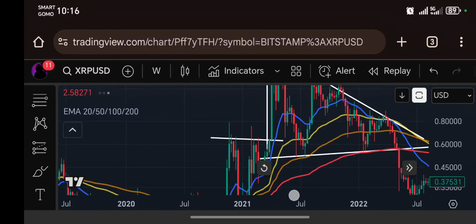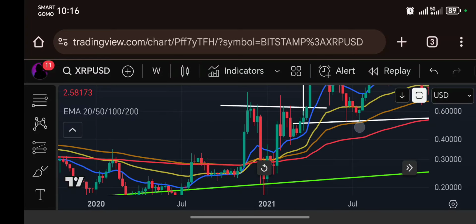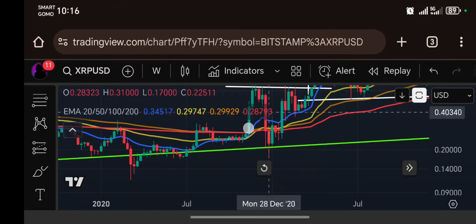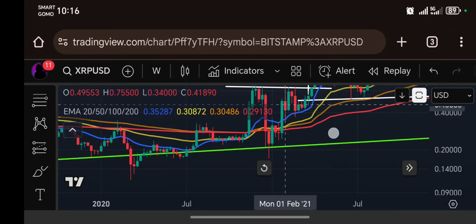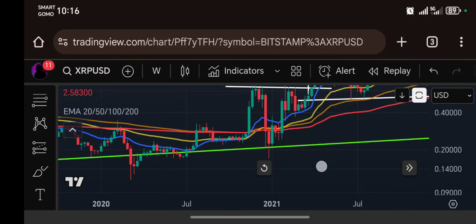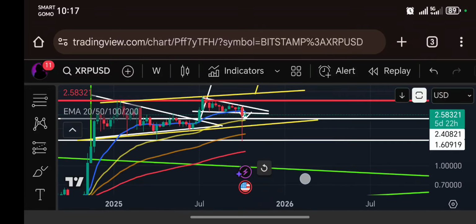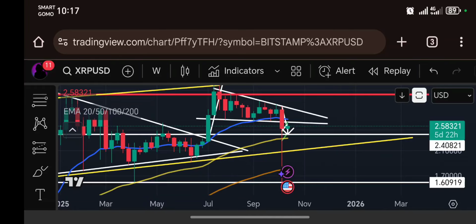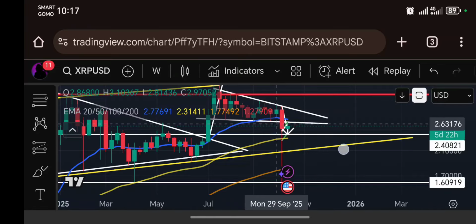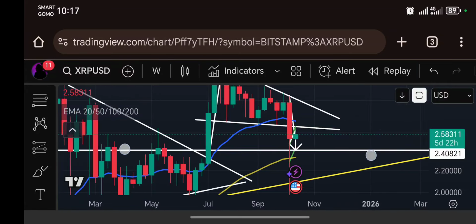You see here, look at this. This is a very fake out here, but we managed to go back up and hold this 20 EMA. So I am hoping that we're gonna do the same. I want the candles to close above this 20 EMA, this blue line.